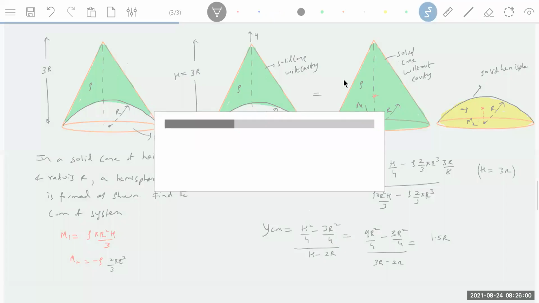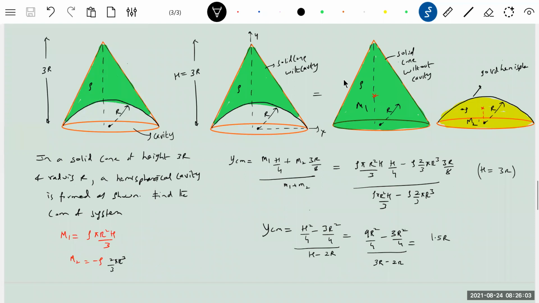So now in any object I can remove any other shape, no? So you have quite some independence rather than fighting with the book. Just take some solid object, in that you remove some well-defined geometrical shape, then you can find where the center of mass can be. So it will be somewhere at this particular point, it will be 1.5r. Center of mass, you just indicate this is C1, C2.